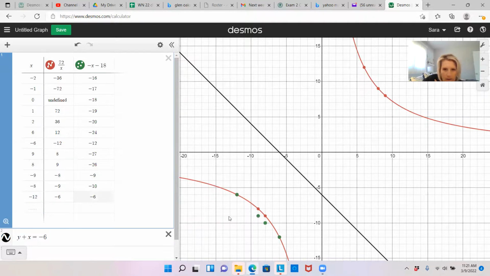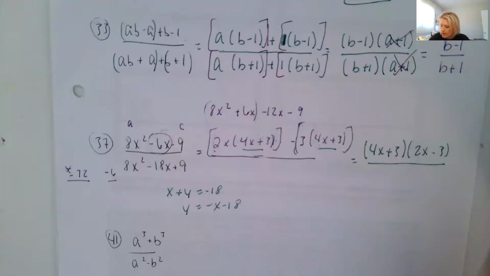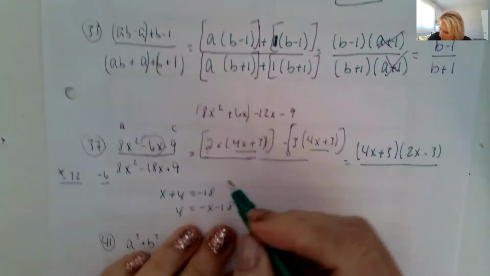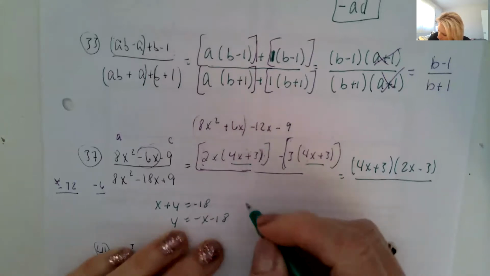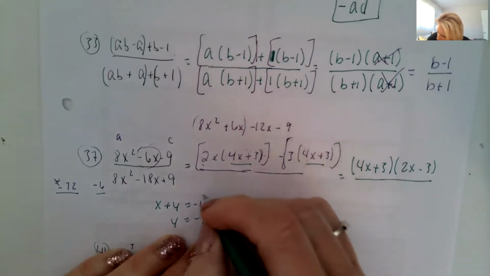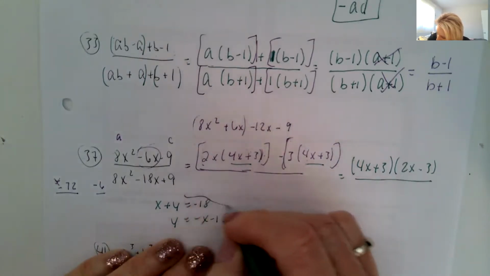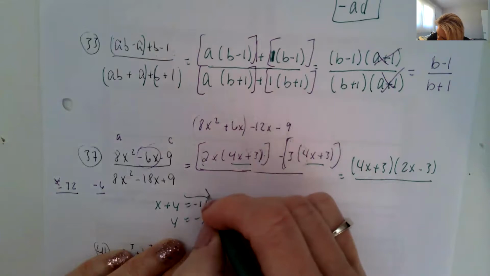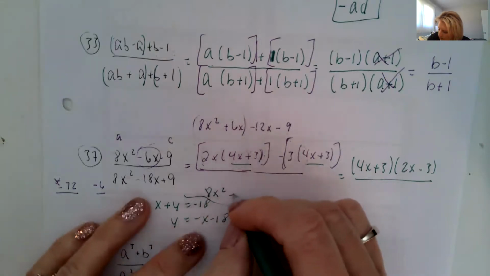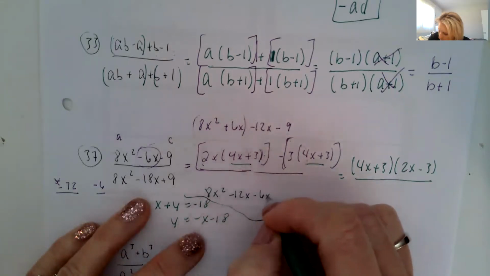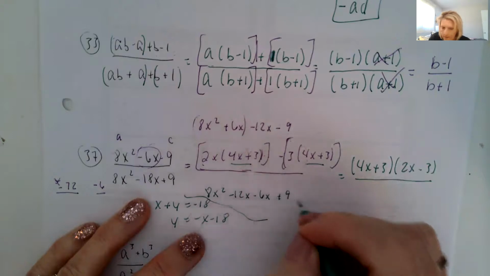Okay. So let's go back to my paper and we're going to figure it out. So we can do for a grouping here, we know that this is 8x squared minus 12x minus 6x plus 9.